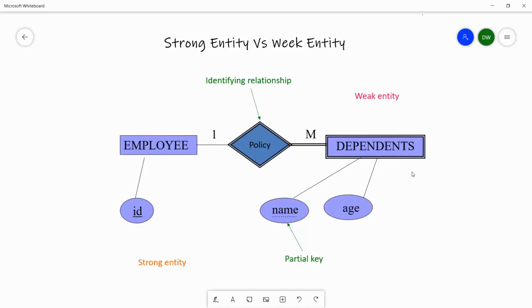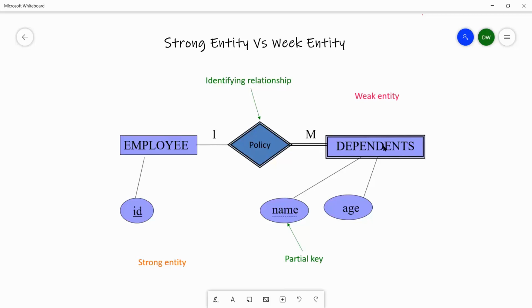So here another thing should also be considered. That means when we have this kind of a weak entity, usually weak entities do not have their own primary key. I think you all know about primary key. Primary key means a unique ID which can be used to uniquely identify a record within a table.